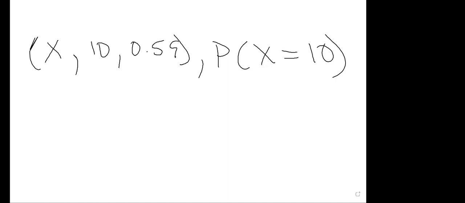Here, the probability of success is 0.59. The number of trials is 10. And we want 6 successes. So this is the probability that of 10 randomly selected individuals, 6 of them are concerned with their privacy, given that 59% of the population are concerned with their privacy.